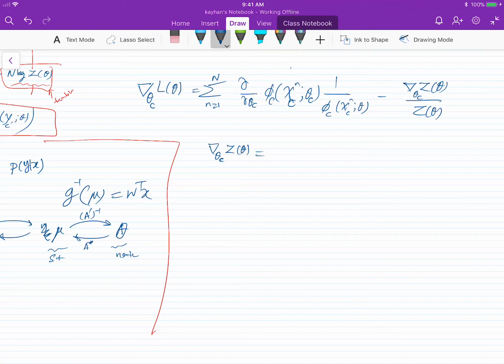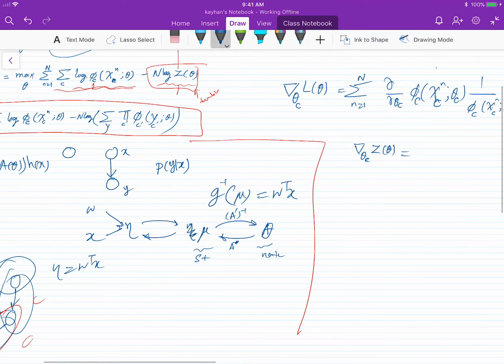That's it. Someone says there's a sum missing in the first one, a sum over the cliques first. Well, no, I'm taking the gradient with respect to this particular parameter, so that's the only term that survived. The rest of them died.